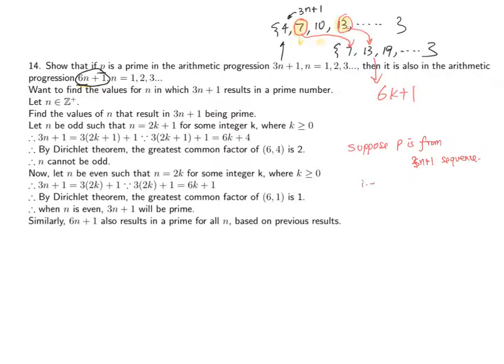In other words, P should be equal to 3 times some integer, let's call it, say, n, right? Well, we use n here, maybe we'll just say k here, right? 3k plus 1.